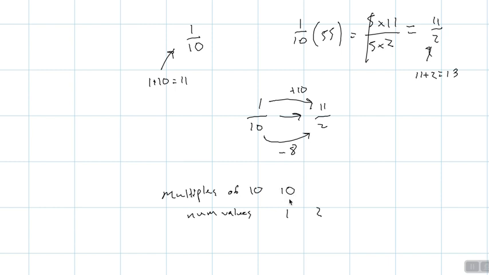Whenever we increase the numerator by 1, the amount added to the numerator increases by 10. So when the numerator is 2, the difference between the numerator of 55R and R is going to be 20.